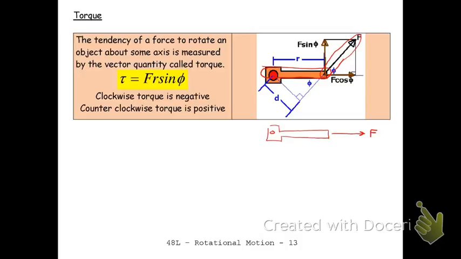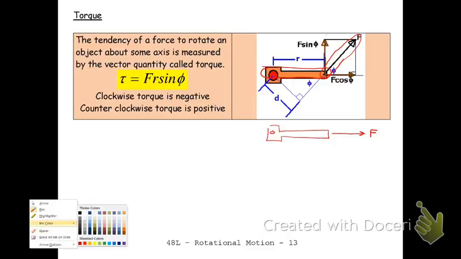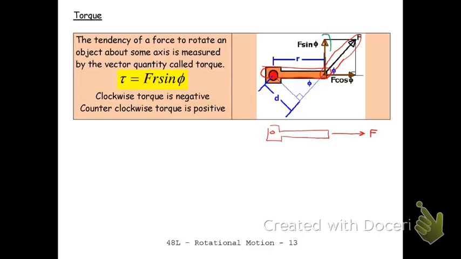And so you've got two choices. You can say, I'm going to take the force component that is perpendicular to what we call the lever arm, the wrench. That's one possibility. They've got to be at 90 degrees.